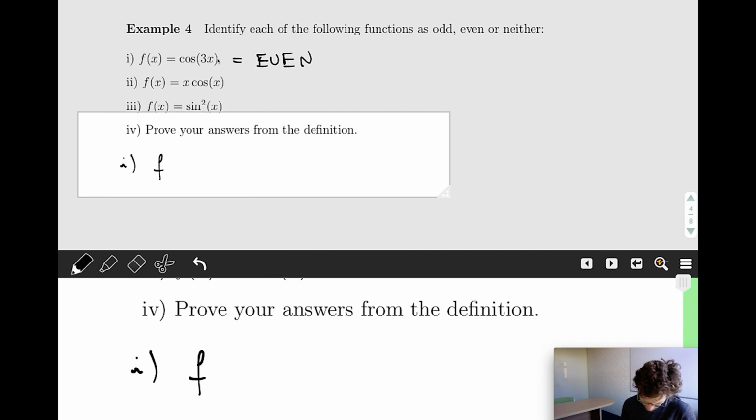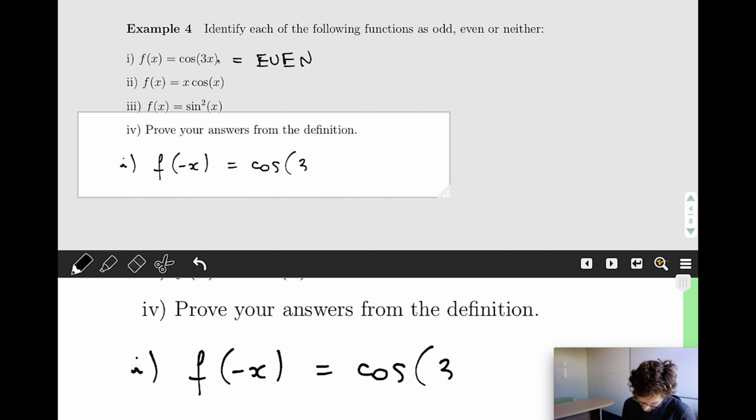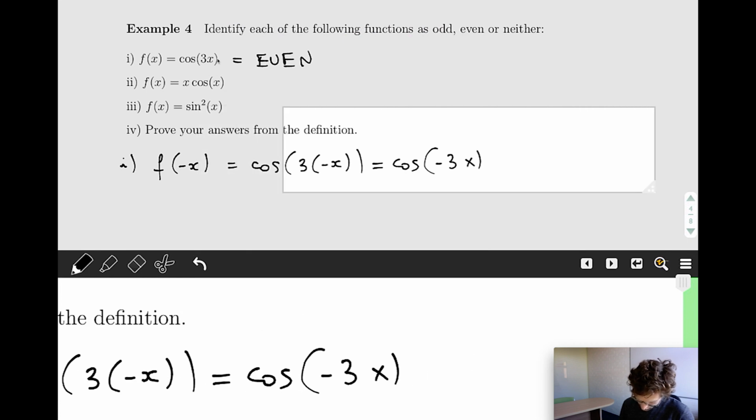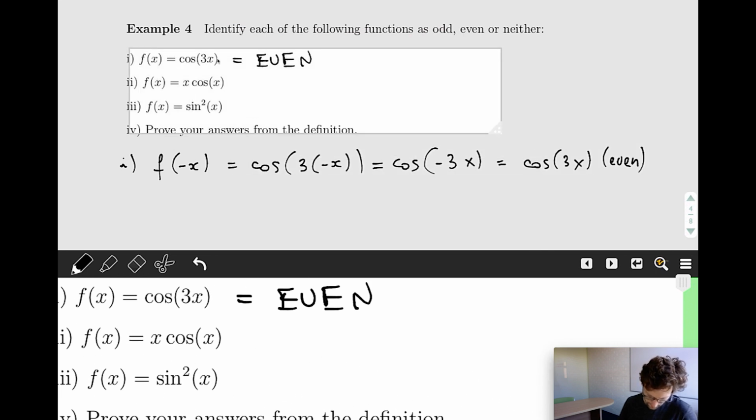I can say f of minus x is cosine of 3 times minus x, which is cosine of minus 3x, which is plus cosine of 3x. So this is even.